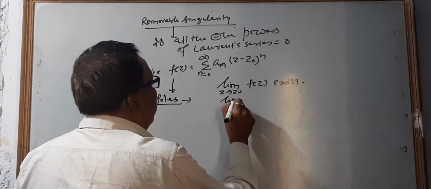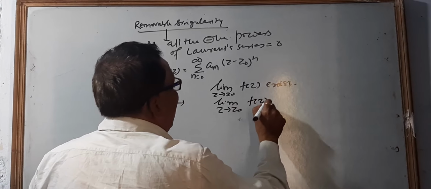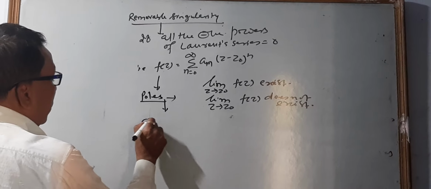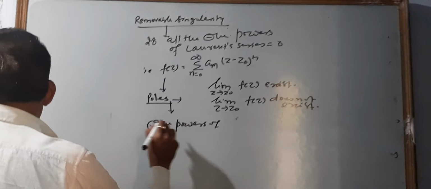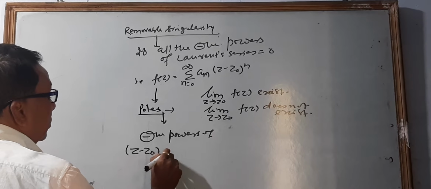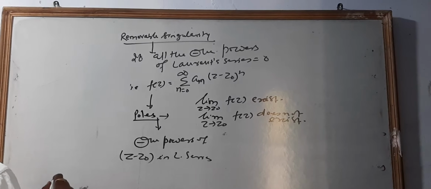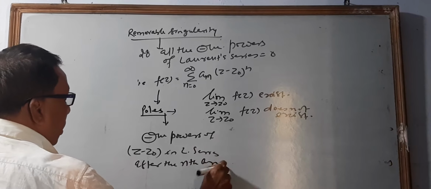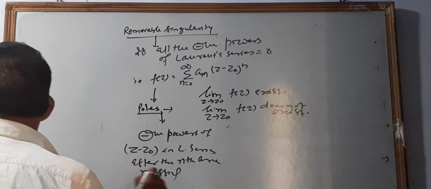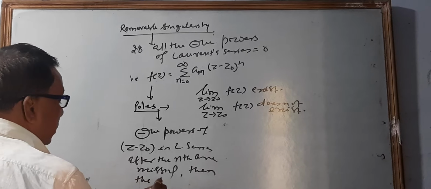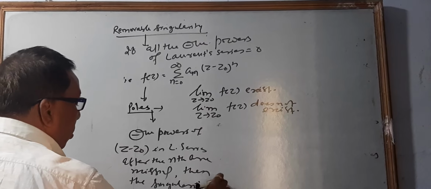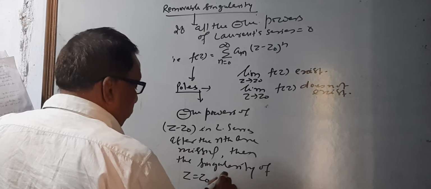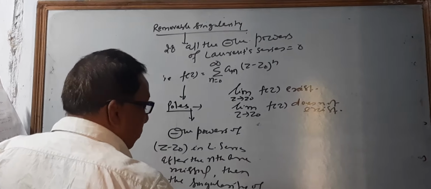If the limit as z tends to z0 of function of z does not exist, and the negative powers of z minus z0 in Laurent series after the nth are missing, then the singularity z equal to z0 is called a pole, or simple pole.